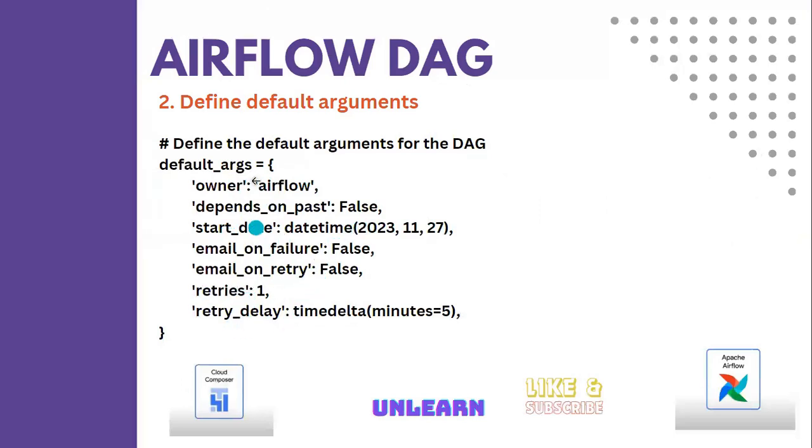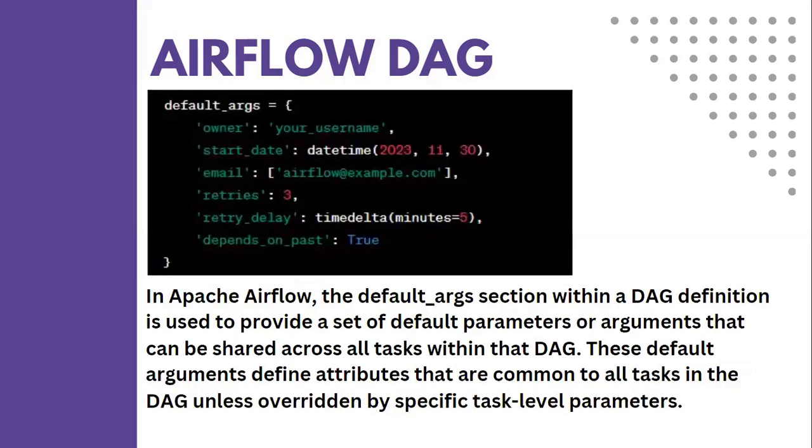So these are the basic arguments we pass through the DAG object, which are very essential. So why should we define the default arguments for the DAG? That is very important for this demo. So that's the reason default_args, you can pass all of this. Here you can mention the emails to which you would like to send the email if the DAG fails or something like that.